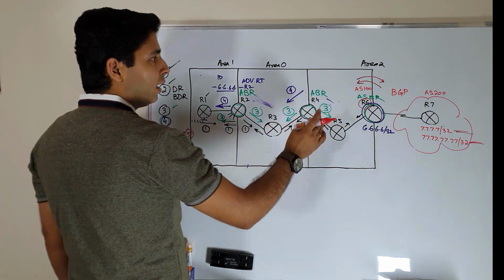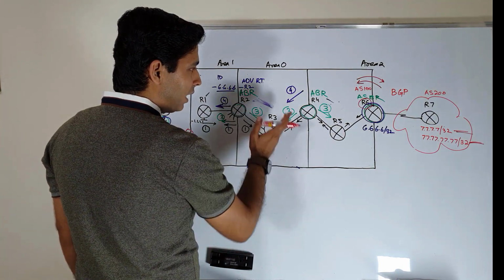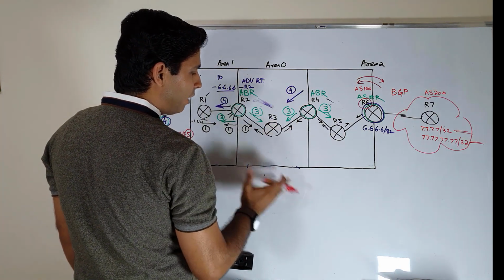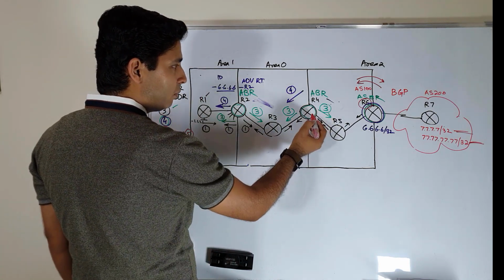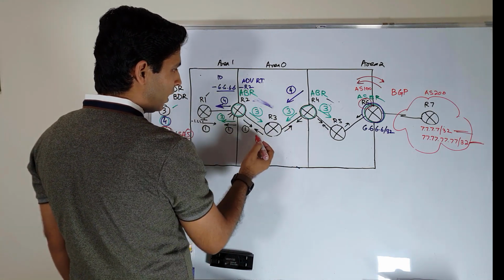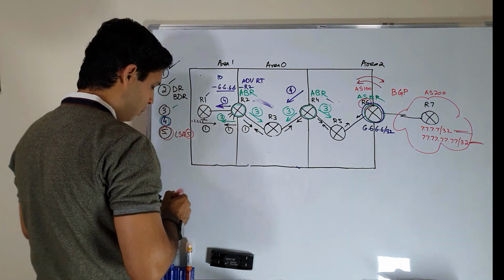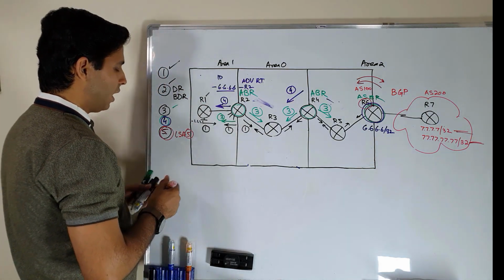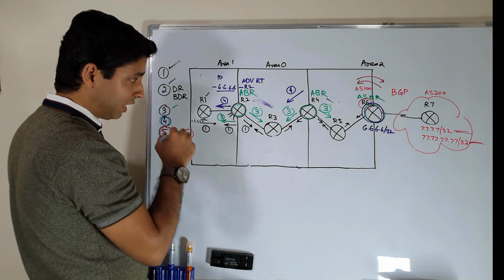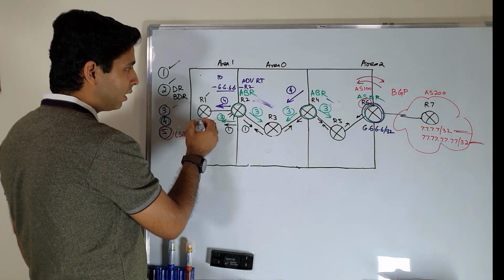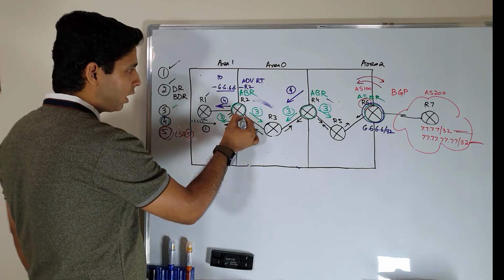Another main difference between LSA type 3 and 4 and type 5, and this is also a very important point: LSA type 3 is generated by the ABR in both directions, and when you go on router number 5 and do show ip route or show ip ospf database, you will see that the originating router is your ABR.